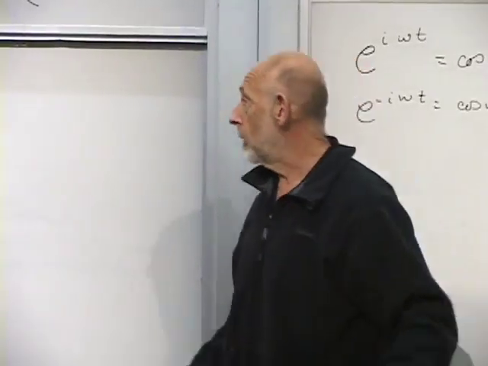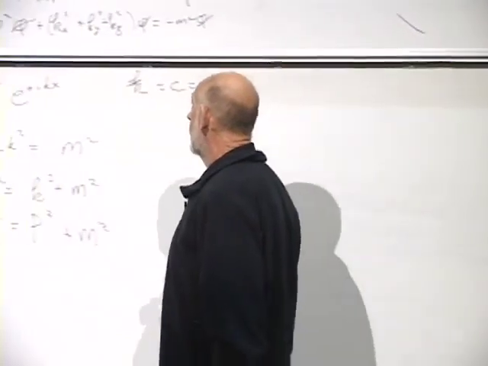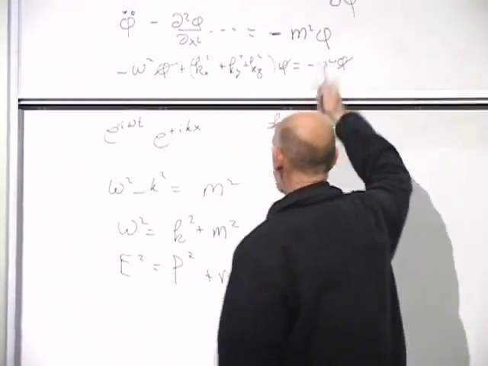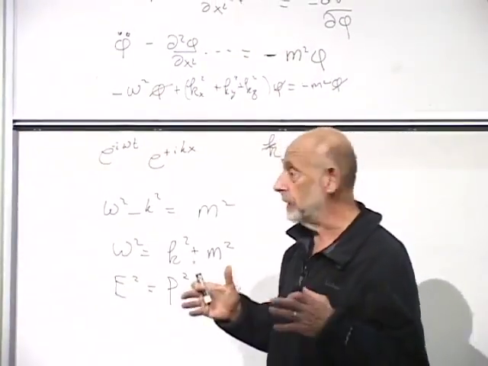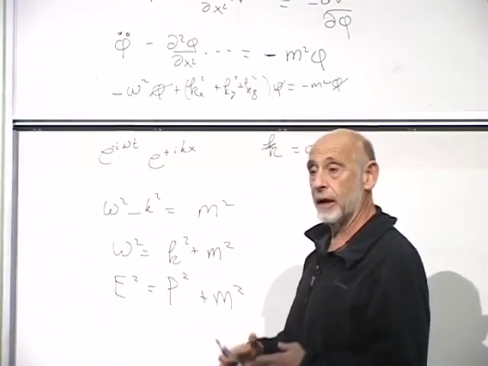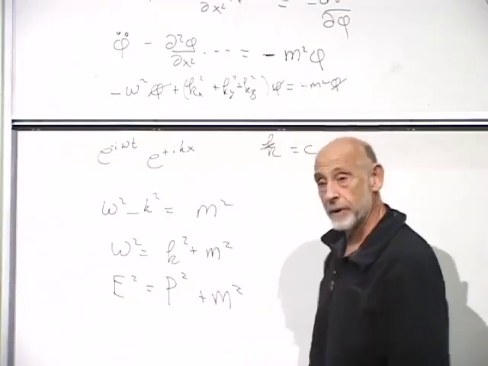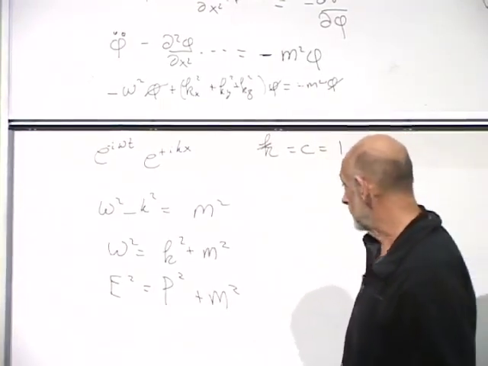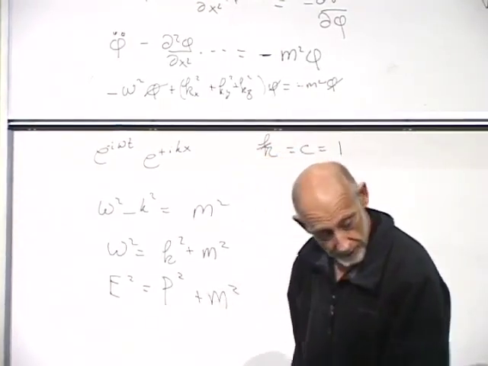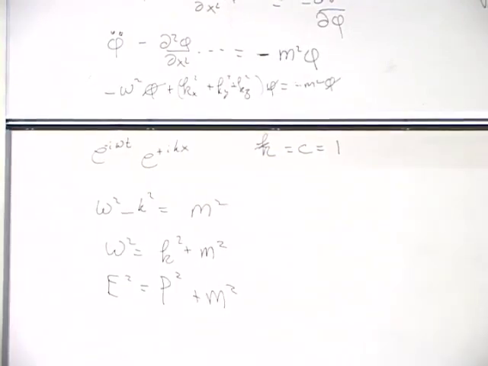So what this equation tells us is really nothing but the relationship between energy, mass, and momentum, with the stipulation that the parameter m here is the mass of the particle. Quite an elegant fact.